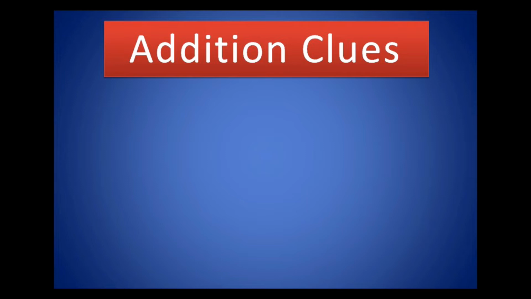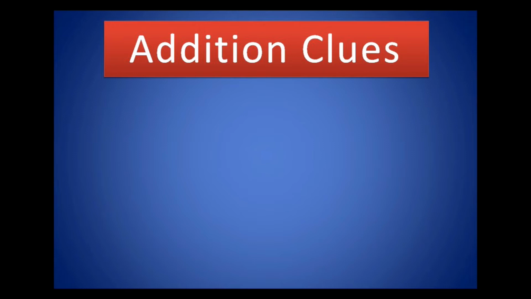If you hang your hat on keywords, as I spoke about previously in another video, you tend to think that if you see it, it's a definite thing. But sometimes they can lead you in a different way. It's not always going to be a definite.